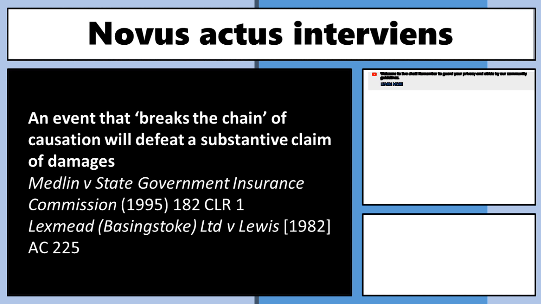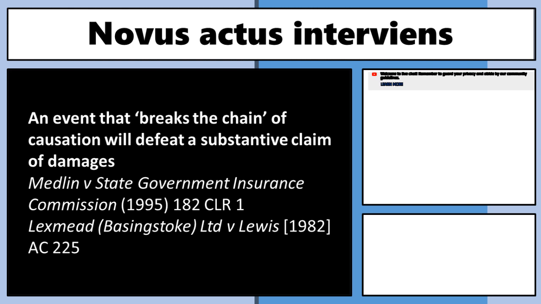Call that an intervening event, or in law, because we love Latin so much, novus actus intervenes. And so Lexmead involved a tow rope. I know, it seems pretty crazy to go to the House of Lords for a tow rope, but nonetheless it did, because... Jordan.